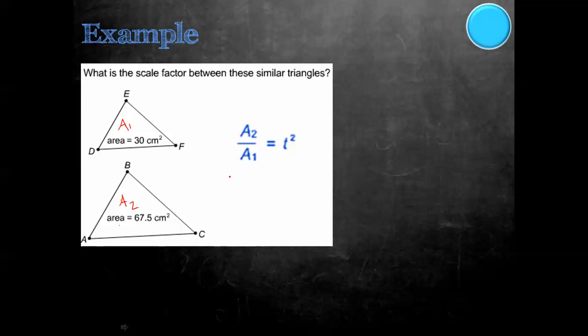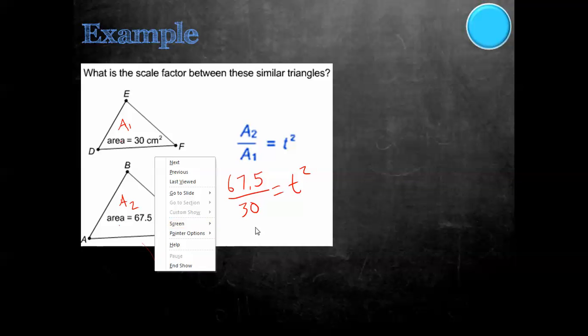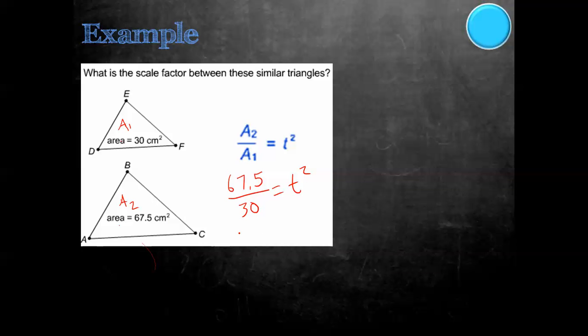What we're going to do is take 67.5 and divide it by 30, and that is going to equal our scale factor squared. So first, let's take this fraction, 67.5 divided by 30, and that's going to give us 2.25 equals T squared.